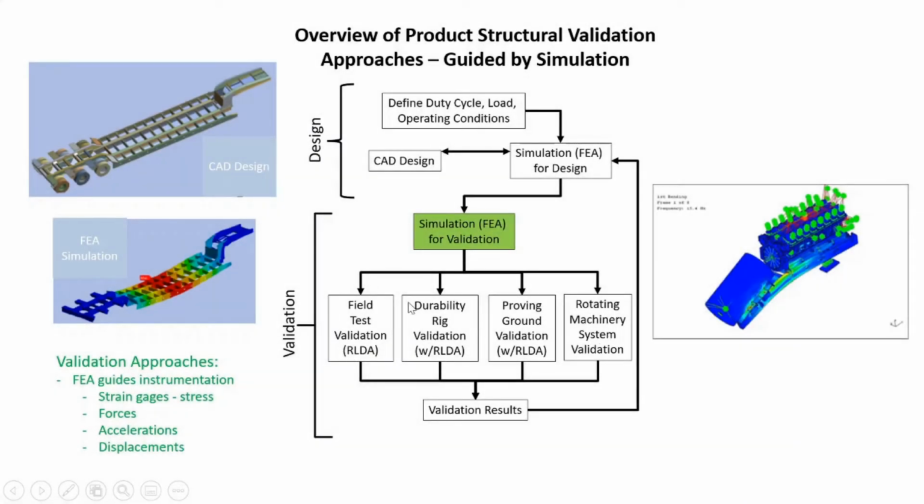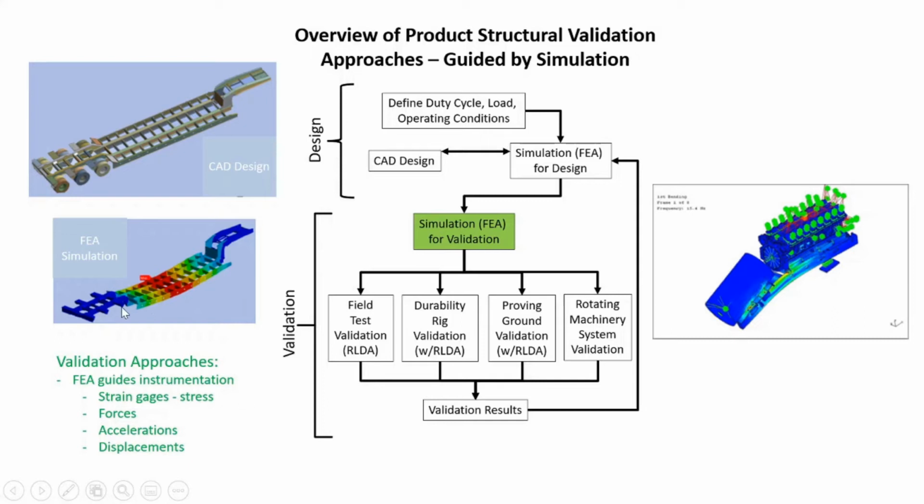These various validation approaches are often guided by simulation activities. And sometimes the simulation model used might be something that was actually used in the product design process. Or sometimes a derivative model is used to help us identify sensor locations.